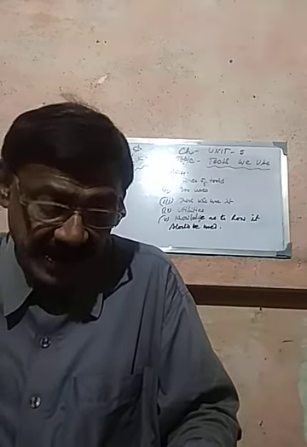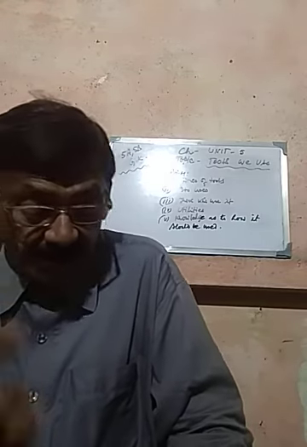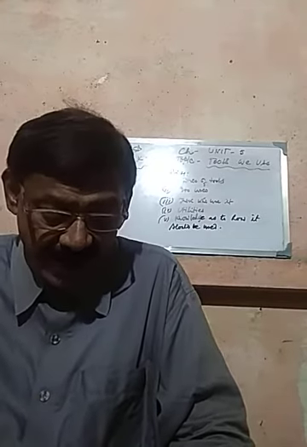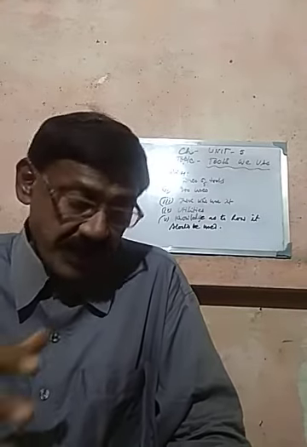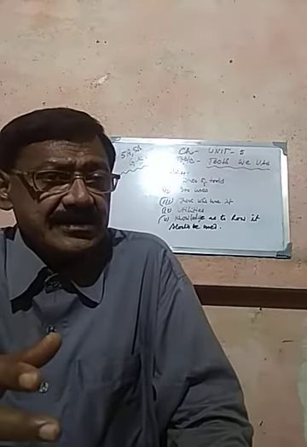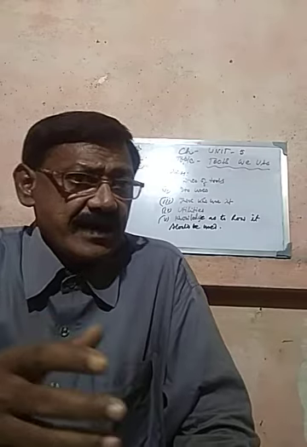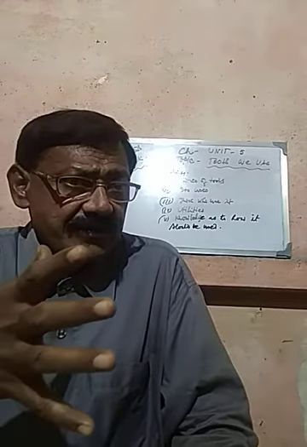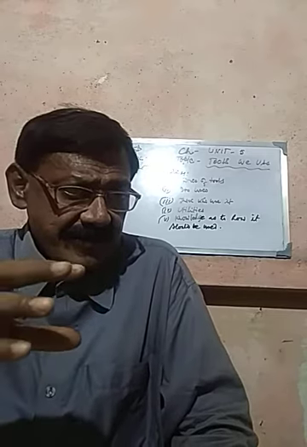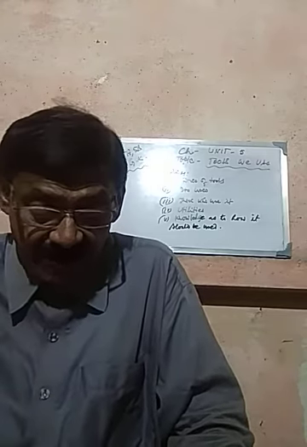And trowel, I told you in the beginning, is used by the masons while making walls. And hole cutter is used by whom? Hole cutter is used by the masons, and electricians and plumbers also.